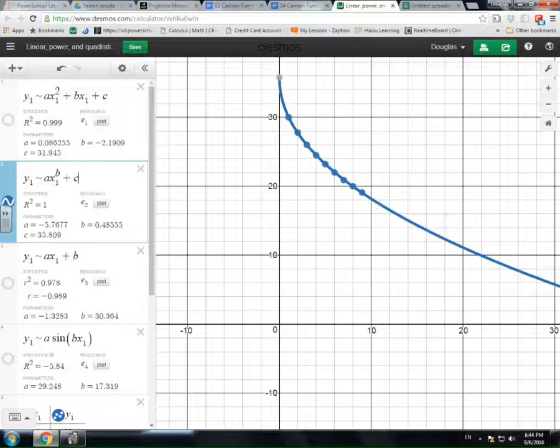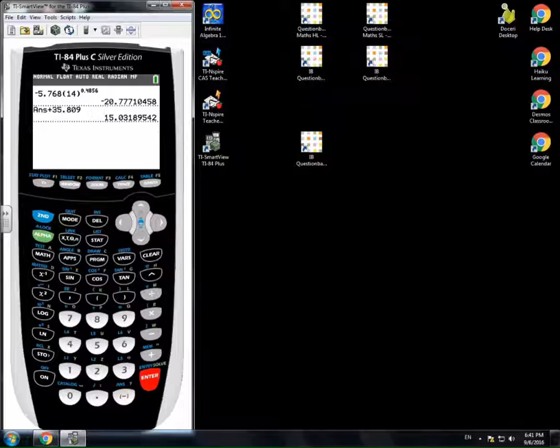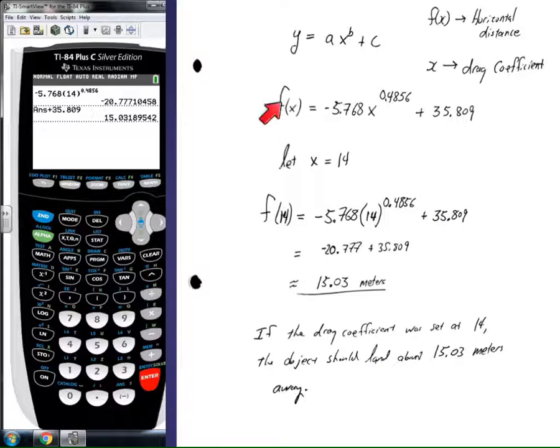Then what we're going to do here is we're going to write out some mathematics in the old-fashioned way, if you will. So here's the equation that I had. Sorry, I should back up for a second. We use y in Desmos because it's convenient, but in handwritten work we use f of x.